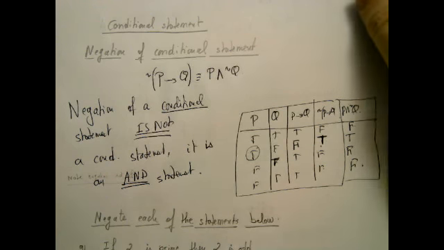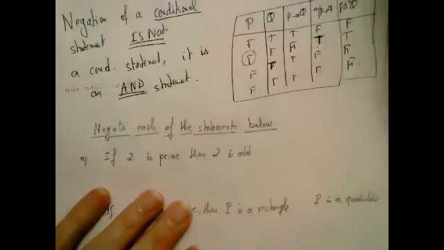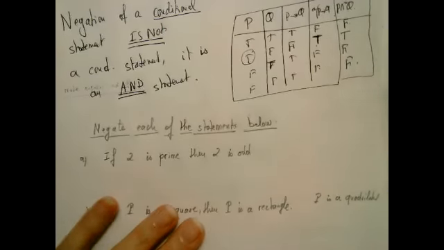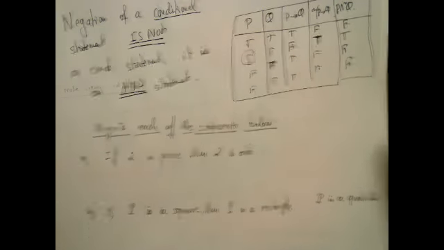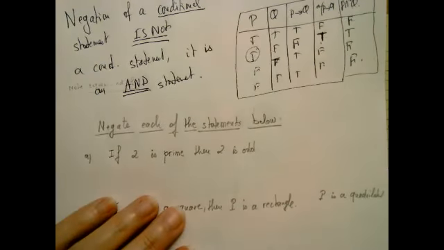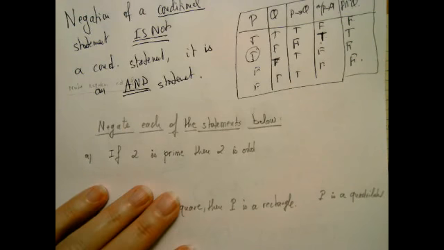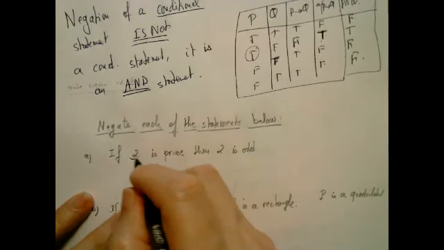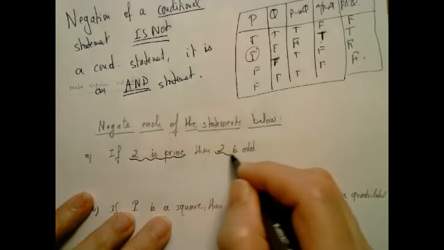Let's get going. So negate each of the statements below. We start with A, and we are going to negate the statement: if 2 is prime, then 2 is odd. So this is if, then.